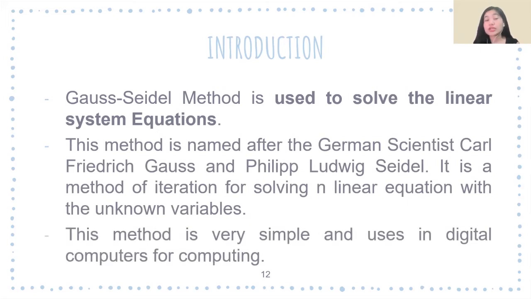This method is very simple and is used in digital computers for computing because in the industry, we're not just looking for 3 buses, 4, 5, 6, 7, and those computable manually. In real life, we have hundreds or thousands of buses in the power system. So we cannot compute it manually, but rather it is applied in digital computers.